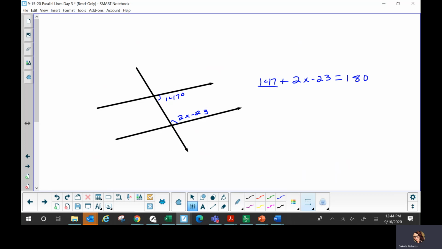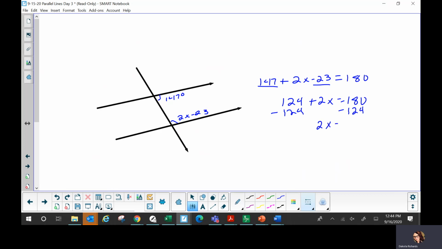And then what's 147 minus 23? Speak up. And then subtract 124.